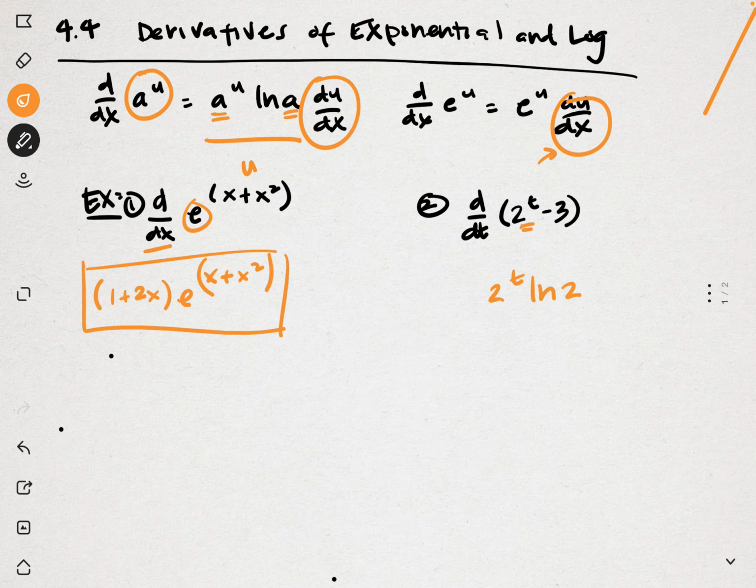The base here is 2. And then we need to do the chain rule, but the t is just a t, so we don't have to chain it. It would be 1 if we did chain rule there. And then the 3 derives out. So that is the derivative, 2 to the t ln 2.